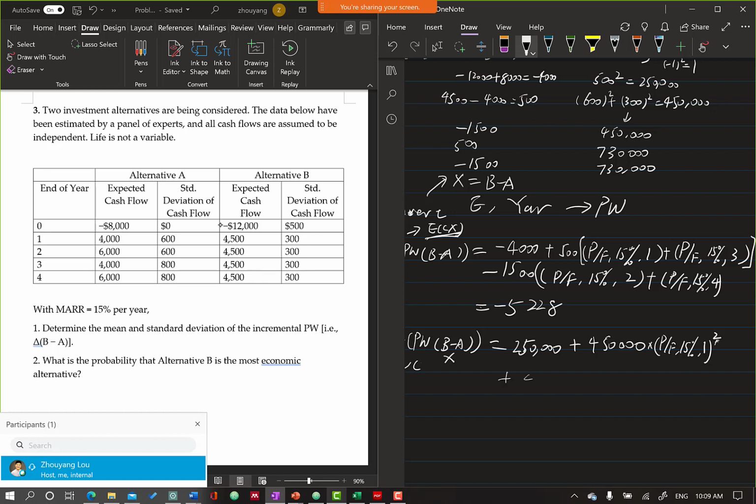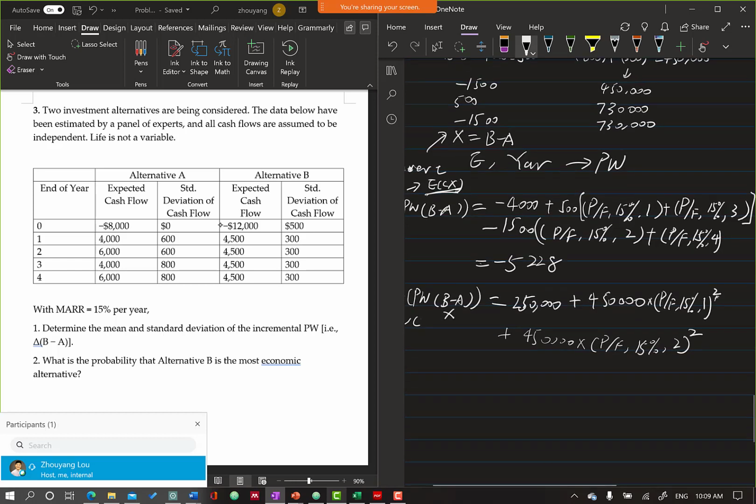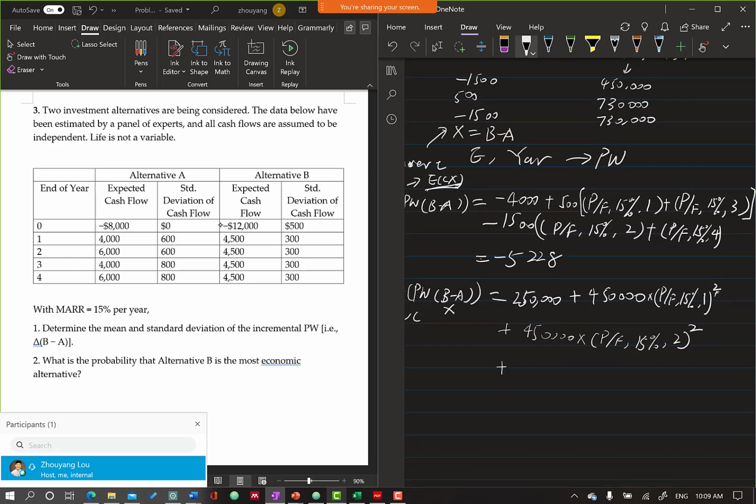And for the 2nd year, still the same number, p given f, hurdle rate, and 2 years, and take the square of that. And for the 3rd and 4th, I'm going to simplify a bit in this notation. That's p given f, 15%, 3rd year square, and p given f, 15% of 4 years square.